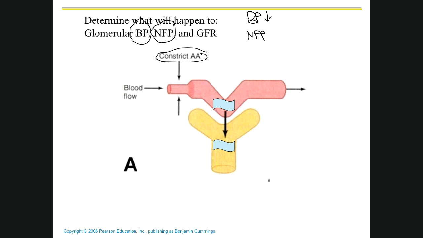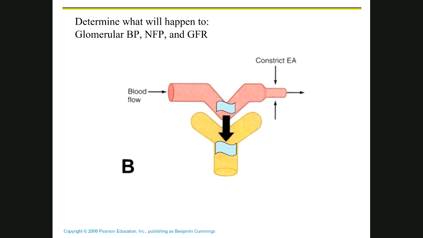Remember, blood pressure is the one pushing it out. And if that number gets smaller, what's going to happen to this number? It's going to go down. And if this number goes down, what's going to happen to GFR? It's going to go down too. So if I vasoconstrict the afferent arteriole, this is what's going to happen.